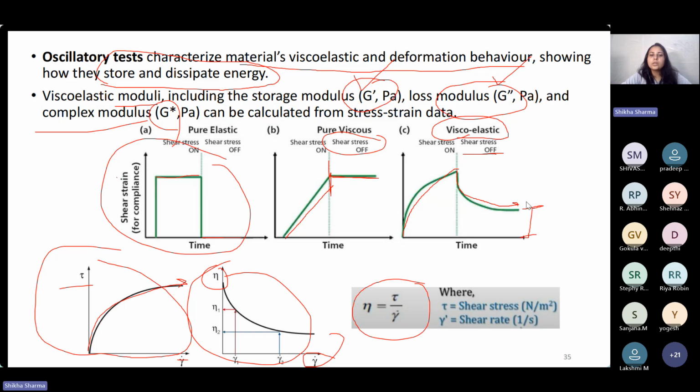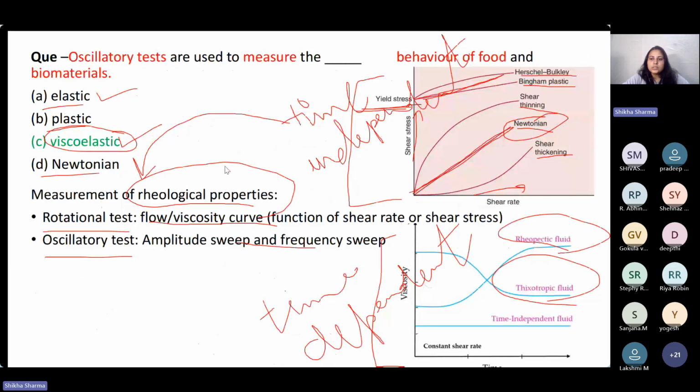The strain will remain in the product, because that energy has already been dissipated. So this is the viscoelastic kind of property.